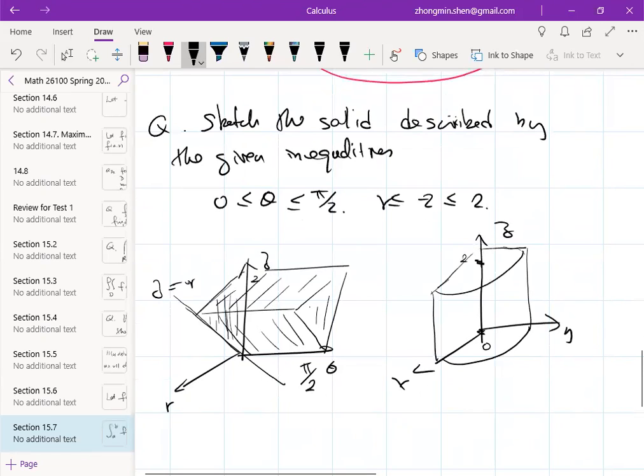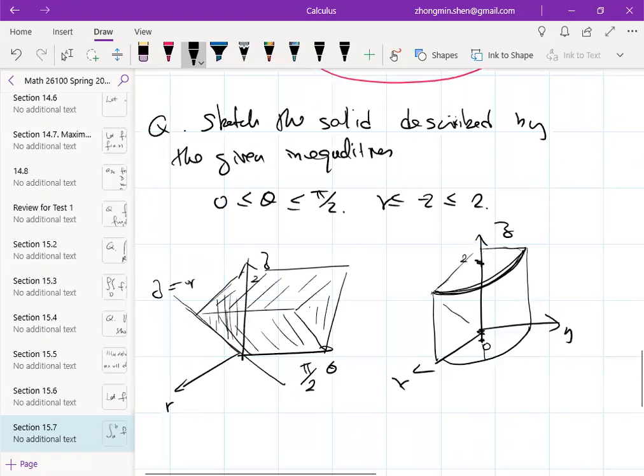The problem is you have to make sure it depends on the r value. When r increases, z increases. So when r equals 2, z is always equal to 2. You don't have just the small pieces.